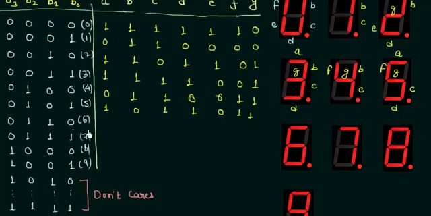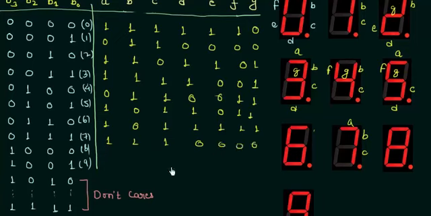Now we will move to the number 6. For 6 only B is low and the rest of the segments are high. For 7, A, B, C are high and the rest of the segments are low.